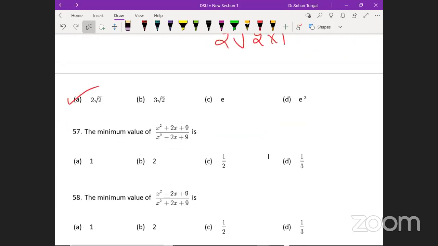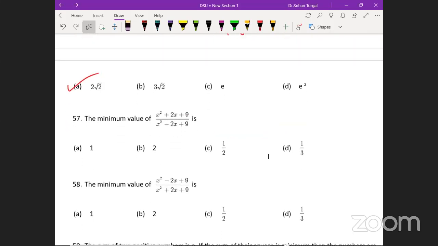Now we come here. I want you to practice, that is why I have taken repeated questions. Here, the minimum value of x square plus 2x plus 9 divided by x square minus 2x plus 9. All are positive like this. To get the maximum value, put x equal to root 9, that is 3. For the minimum value, what do you have to put?